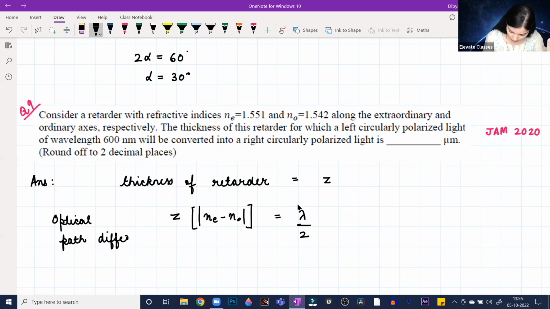So just plug in these values and quickly tell me what should be the value of Z. λ/2 means 300 nanometers divided by NE minus N0. Straightforward. The answer is given in micrometers, so do keep that in mind when you are writing the answer.